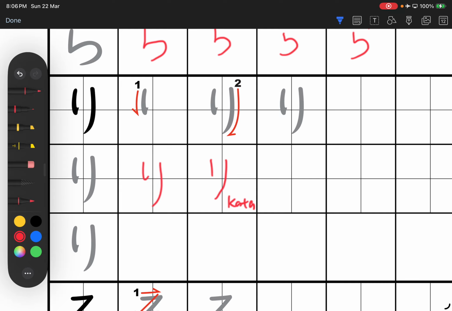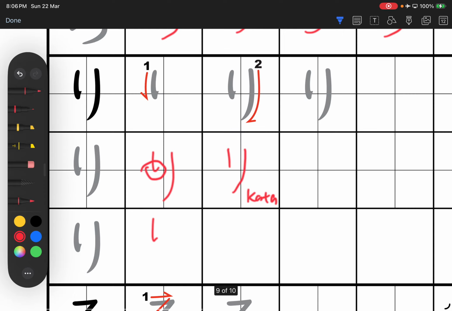So we have to do the hook, but the hook can be just slightly here already. Then same thing, don't put both of them the same length. This is e, remember? If you put them the same length, then it becomes e. So make sure the second line is longer.